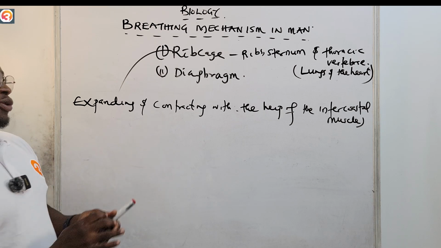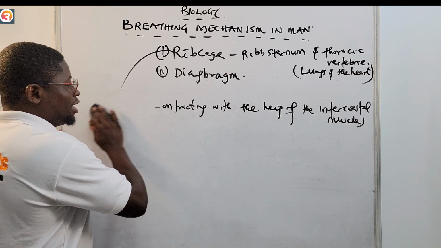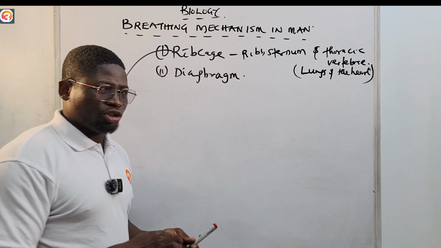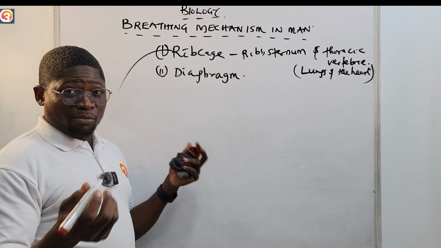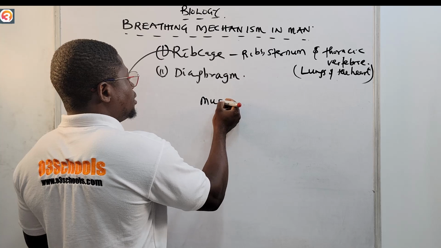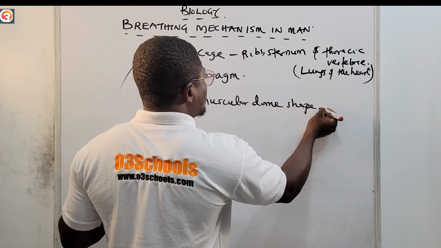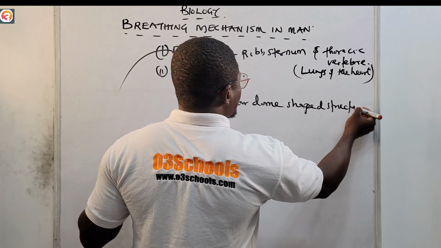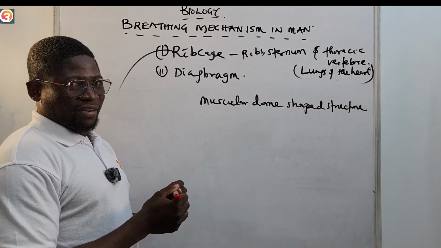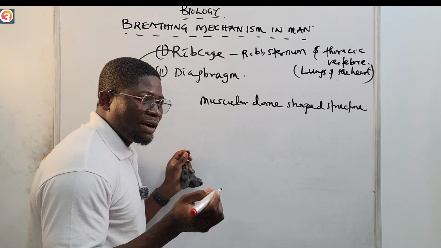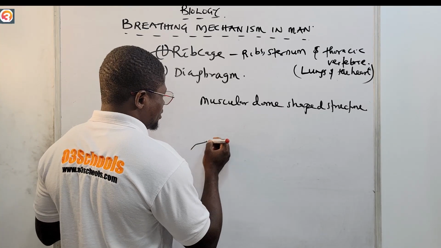Now, that will take us to the diaphragm. The diaphragm, on the other hand, is a muscular dome-shaped structure. It's a muscle. The diaphragm looks something like this.